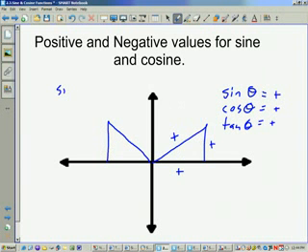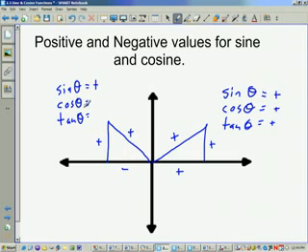However, if we go into quadrant 2, we might get something different. Now, we're going to have a negative x value, but a positive y value, and then again a positive hypotenuse. So sine is opposite over hypotenuse.